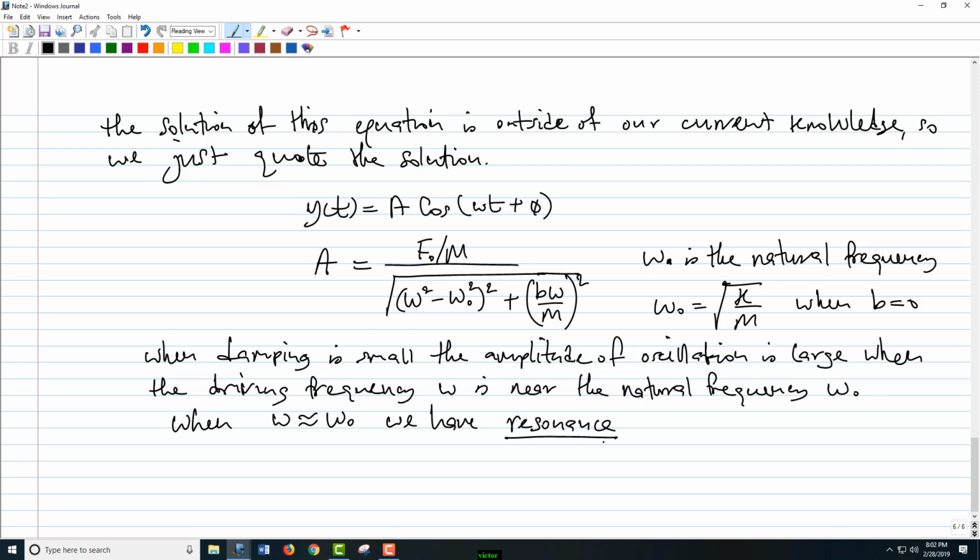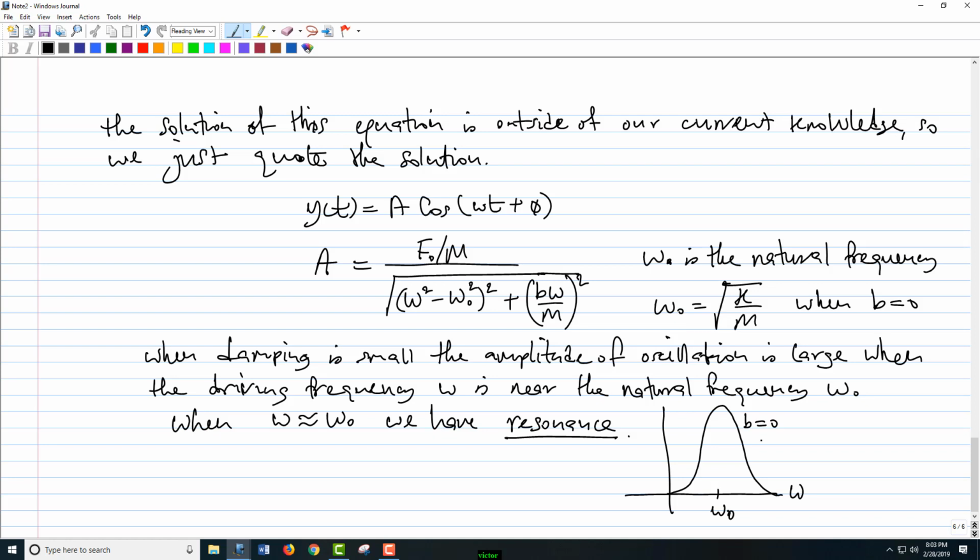Resonance means the amplitudes become very large and the system is now resonating or oscillating at a very large amplitude. Draw a graph of amplitude versus frequency. You will see that at the critical frequency omega naught, you have a very large amplitude. And this will happen when b is equal to 0.